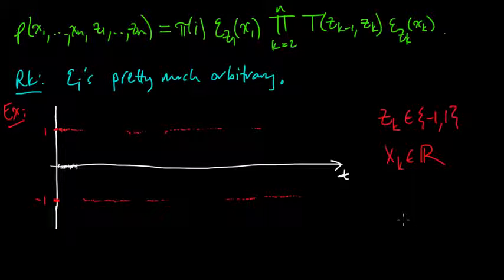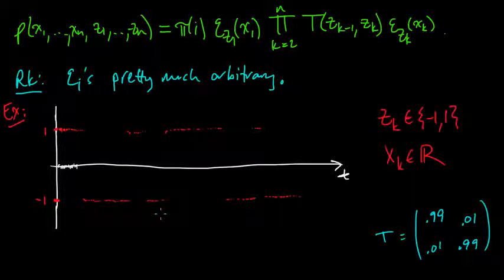And you could easily write down a transition matrix for that. So T would be something like 0.99, 0.01, 0.01, 0.99. So the probability that you stay in the same state is very high, and the probability that you switch is low. It doesn't have to be a symmetric matrix.